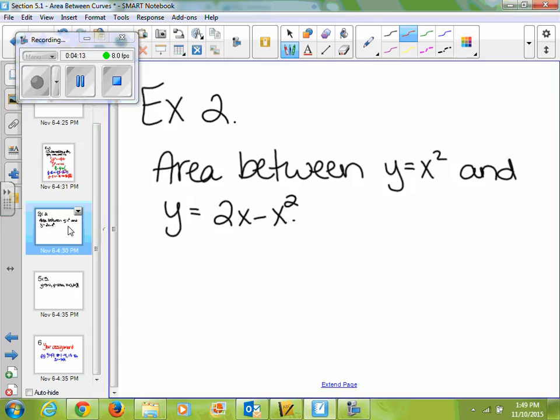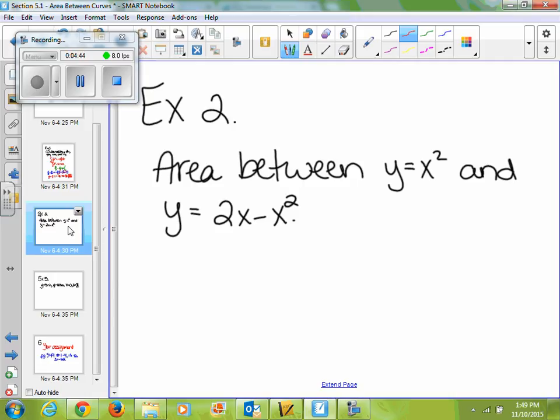Okay, so let's do the same thing for example 2. Find the area between y equals x squared and y equals 2x minus x squared. It doesn't give us our upper and lower limits, so we need to find our upper and lower limits first.